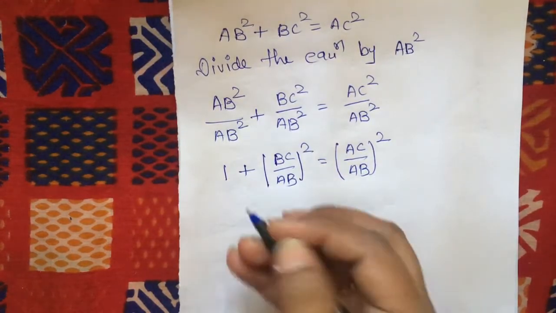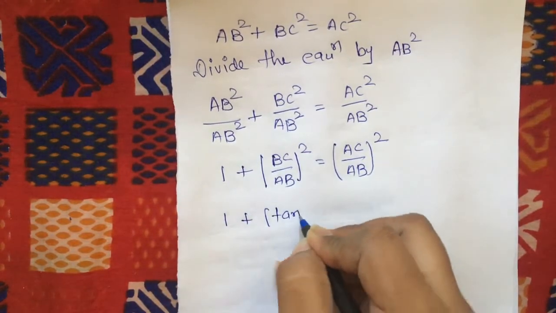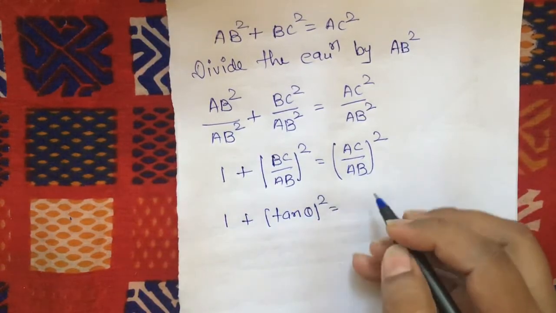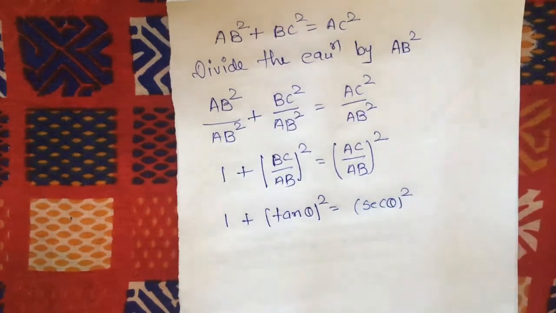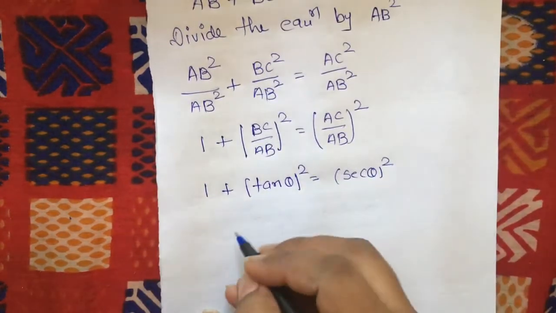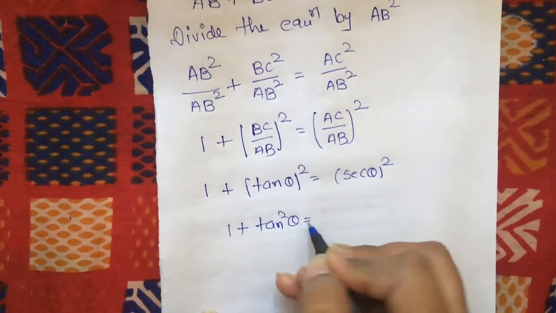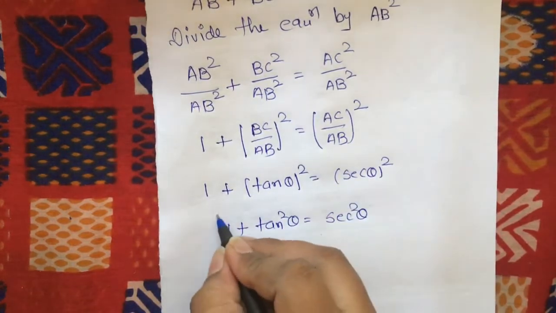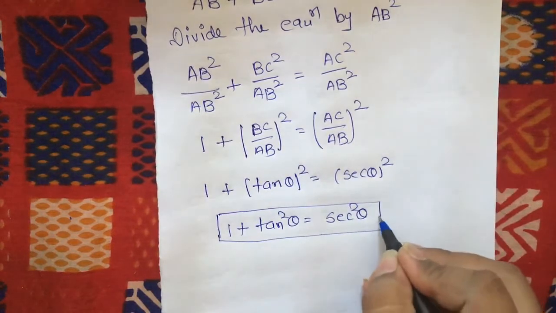BC upon AB will be tan, so this is 1 plus tan theta whole square is equal to AC upon AB, which will be sec theta. So this is sec theta whole square. So here we have another identity, which is 1 plus tan square theta is equal to sec square theta. So this is the third identity which we are going to use.